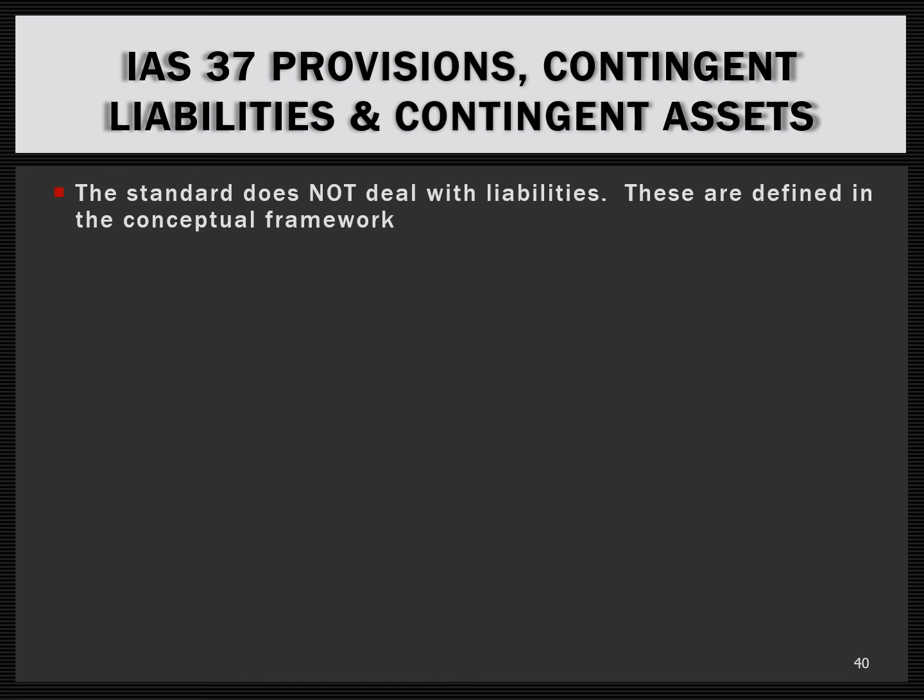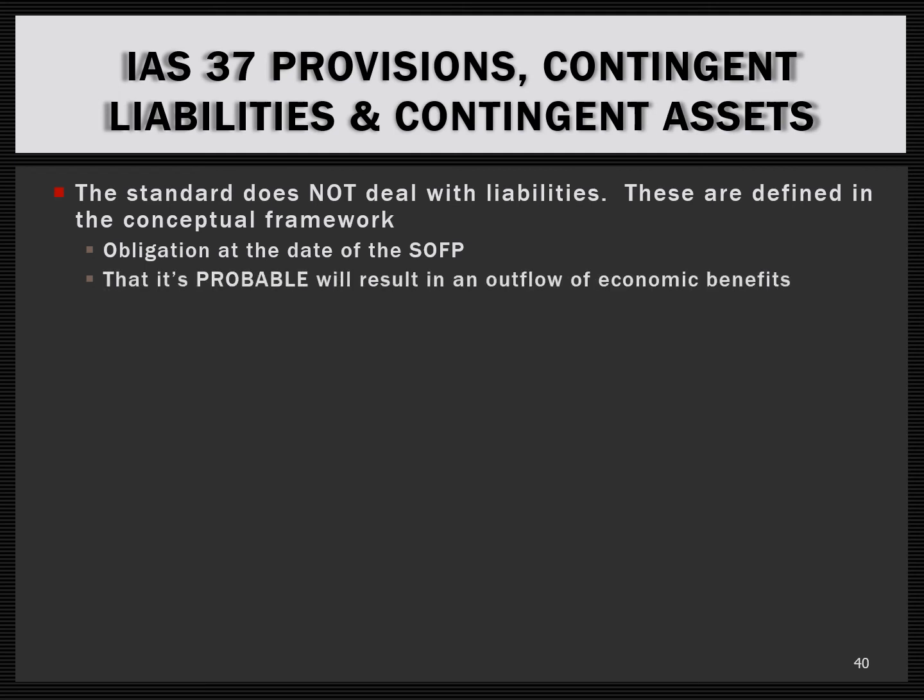Liabilities are defined in the conceptual framework, and provided that there's an obligation at the date of the balance sheet, provided it's more likely than not that that obligation is going to result in an outflow of economic benefits, and provided we can accurately measure the amount of that outflow, then we must include that liability in the balance sheet statement of financial position. So that's in the conceptual framework.